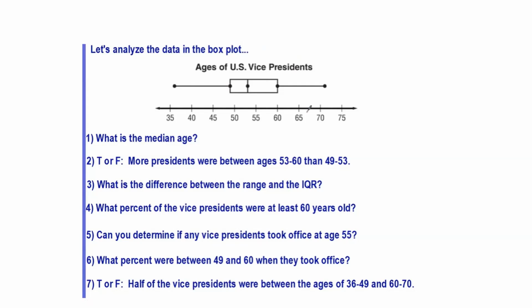Yes, you can, because we can see that in the third quarter, between Q2 and Q3, the age 55 will fall under that. All right, so now the answer is no.